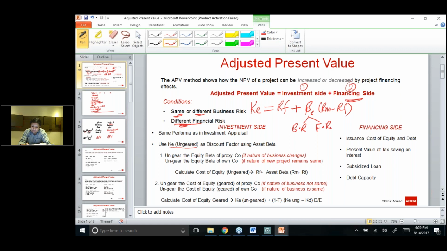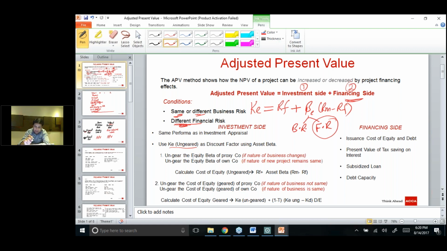So if we remove this financial risk from this cost of equity, it will become the ungeared cost of equity, or the cost of equity with the asset beta, because if we remove financial risk from the beta equity, then the beta will become the beta asset.